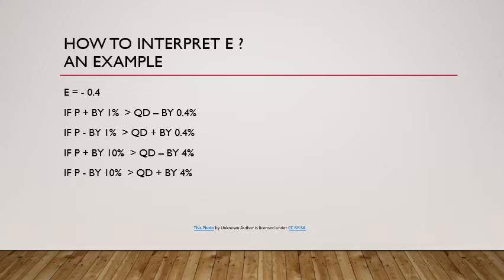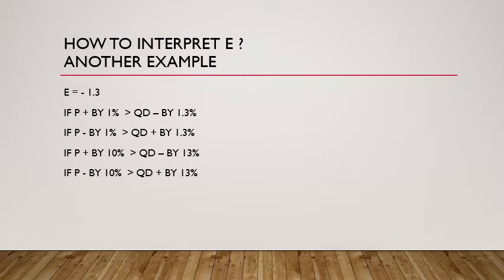All we need to do is take the price elasticity of demand coefficient and multiply it by 10, because we must maintain the symmetry. And finally, the last illustration: if price decreases by 10%, quantity demanded will increase by 4%.